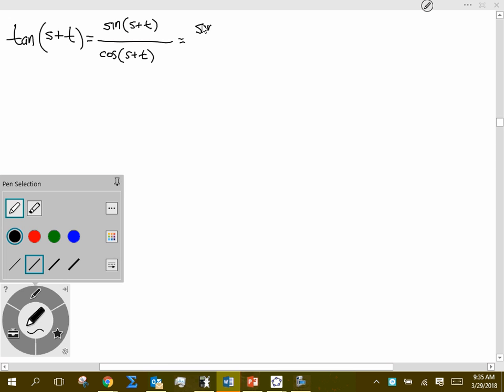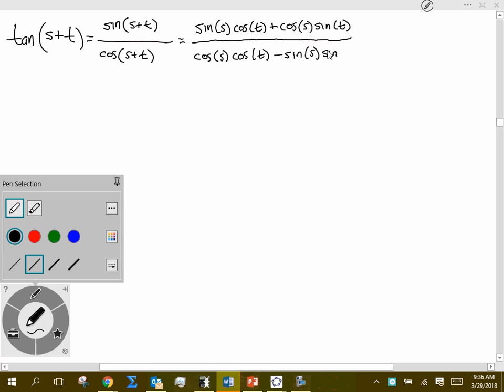So it becomes sine of S cosine of T plus cosine of S sine of T. And on the bottom, it becomes cosine of S cosine T minus sine S sine T.